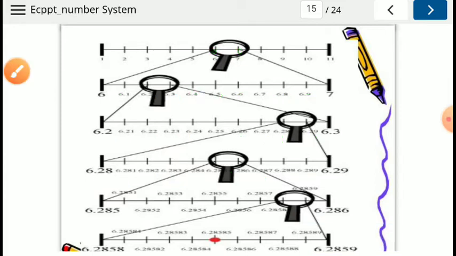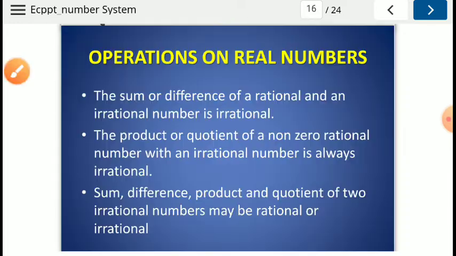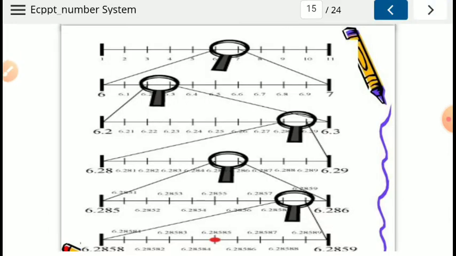And if you are magnifying like this, the required number, the question given to you is 6.28285, to represent on a number line. So please note down this point.